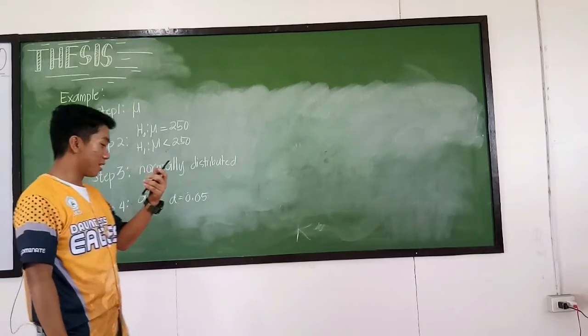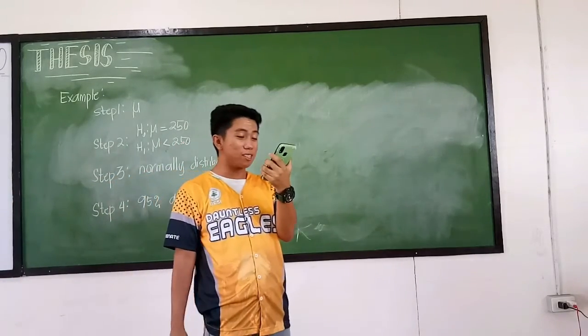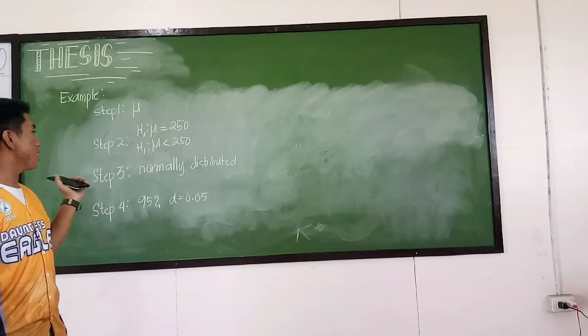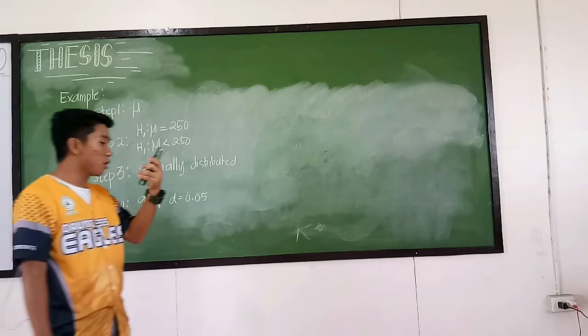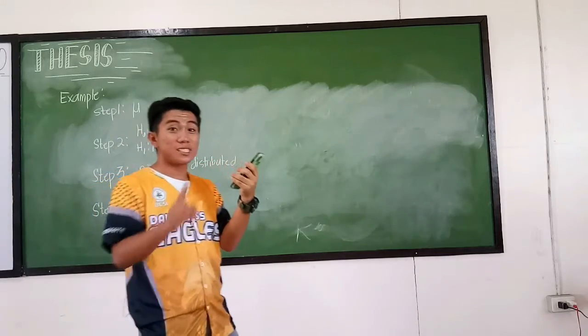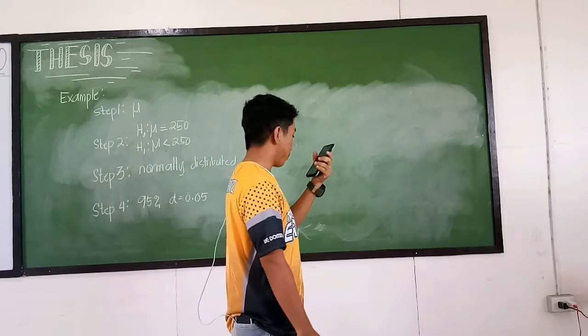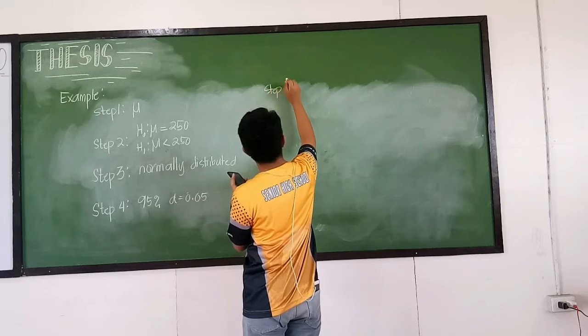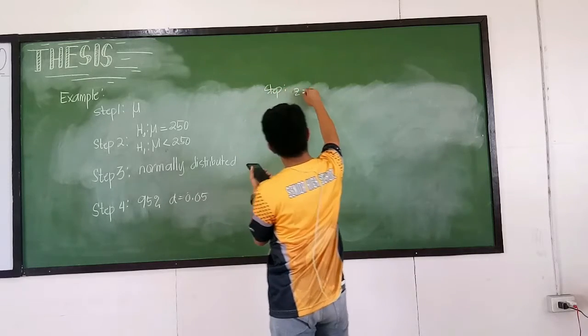Yes, and step number 5, select the appropriate test statistic. Since our problem is normally distributed, we're going to use the z statistic. We're going to use the formula z is equal to the sample mean minus the population mean over the standard deviation over the square root of n.